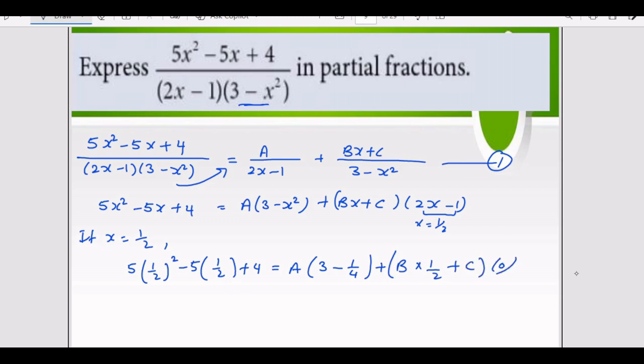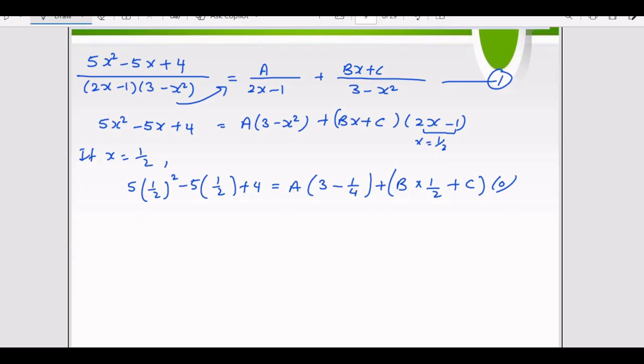So this is going to become 0. There is no need to write down the second term whenever you get 0. So here it is now 5/4 − 5/2 + 4 equals, this is going to be 4 times 3 is 12, 12 − 1 is 11, so 11/4 a plus 0.